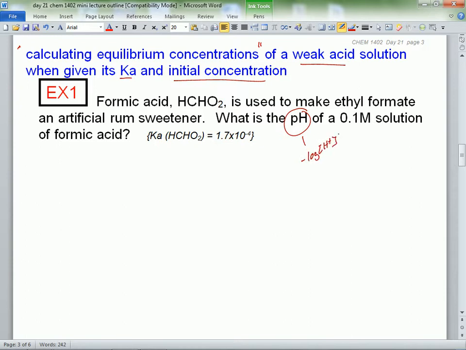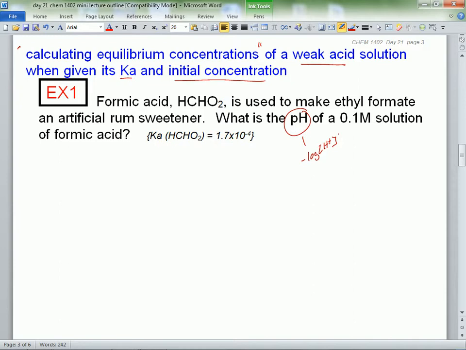All right. Now, is that the equilibrium concentration of H plus? Everybody? If you want to measure the pH of a solution, you take the hydrogen ion concentration and the negative log of it. Right? That would be the equilibrium concentration of H plus. Otherwise, the pH would be changing on you. Right? So this has to be the equilibrium concentration. Now, where do we get these equilibrium concentrations?